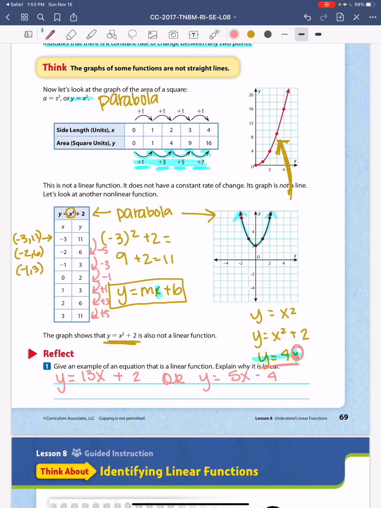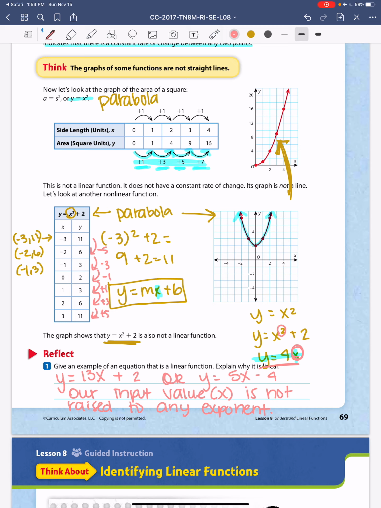The reason we know is because our x value, or input, is not raised to any exponent. Okay, and that's our main point of today, to understand the differences between a linear and nonlinear function. Linear, you're just going to have your x stand alone, but if it's nonlinear, it'll have x to some kind of power.